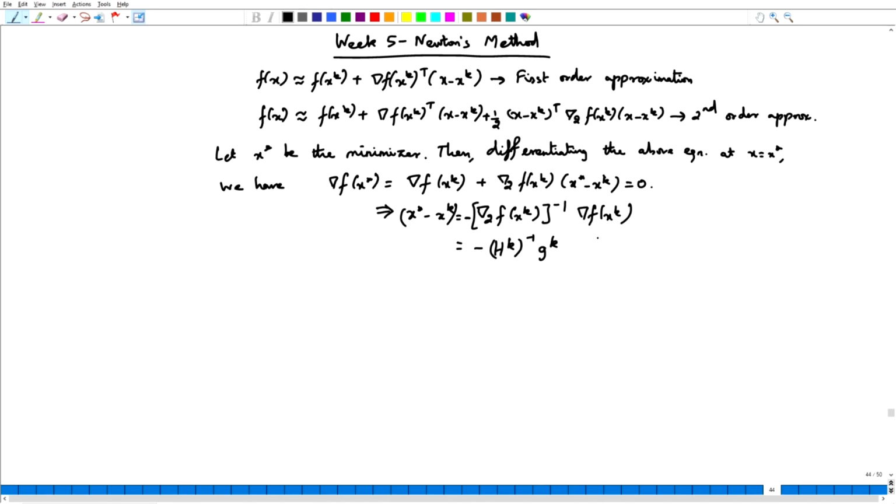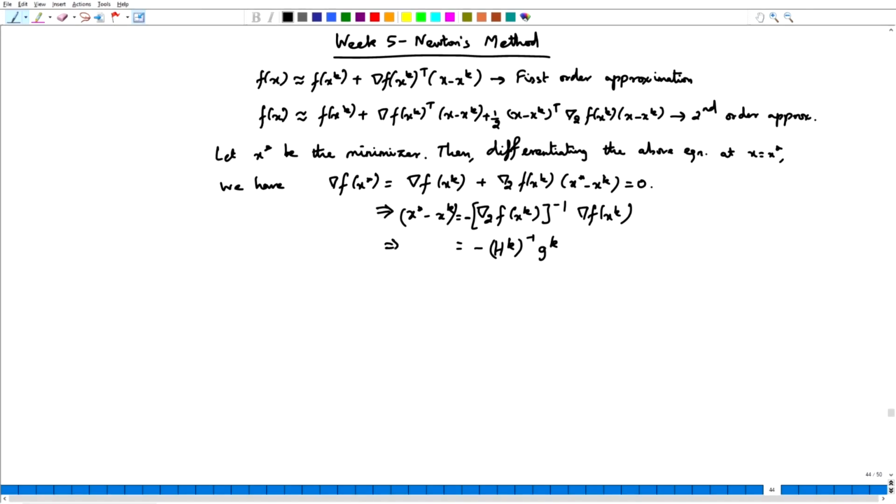So, you know that del f of x k we usually write it as g k. So, from now on del 2 f of x k, that is the Hessian of f at x equal to x k, we are going to mention it as h k. Okay. So, x star minus x k, which is the ideal direction that we want to travel from x k, we are going to write as minus h k inverse g k.